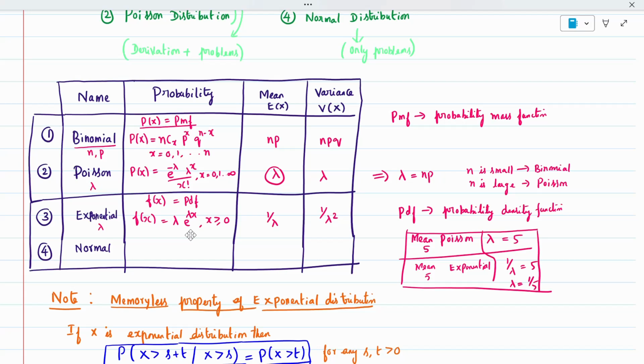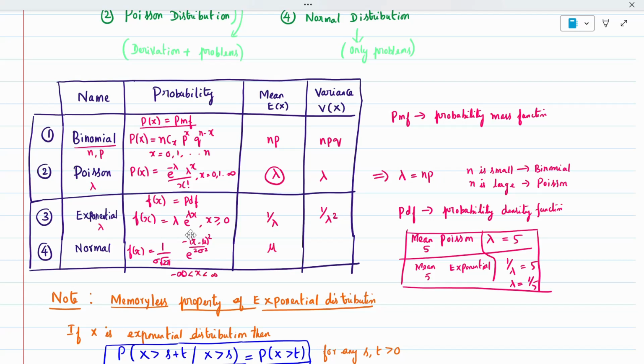The last, the fourth distribution, is the normal distribution. We will not use this function at all, but anyway you have to study all three, and the fourth also. So f of x is 1 by sigma root of 2 pi into e to the power minus (x minus mu) the whole squared divided by 2 sigma squared, where x lies between minus infinity and infinity.